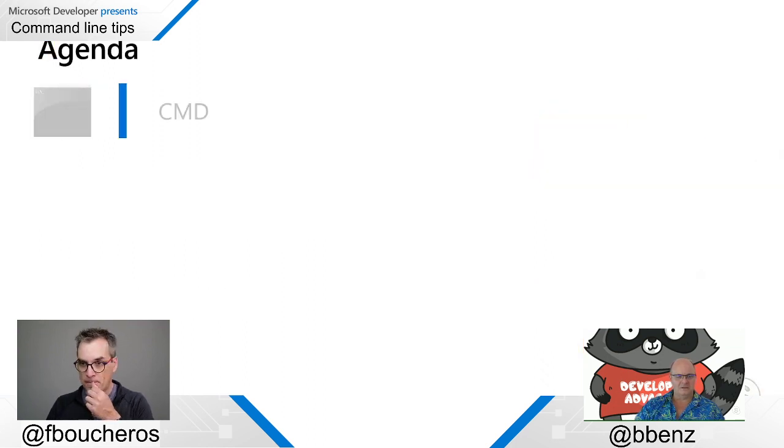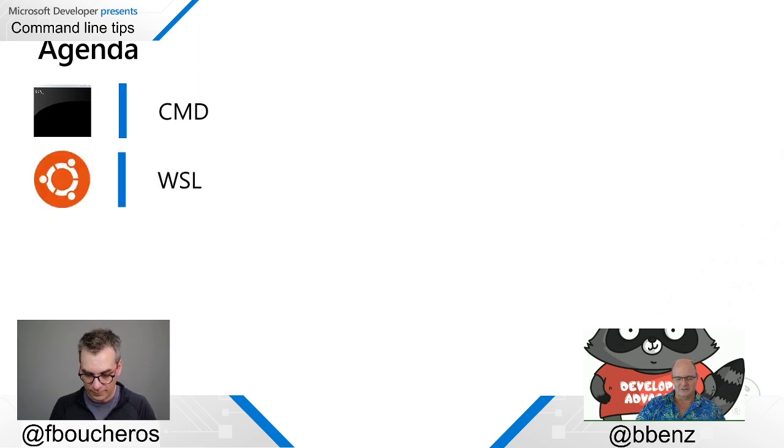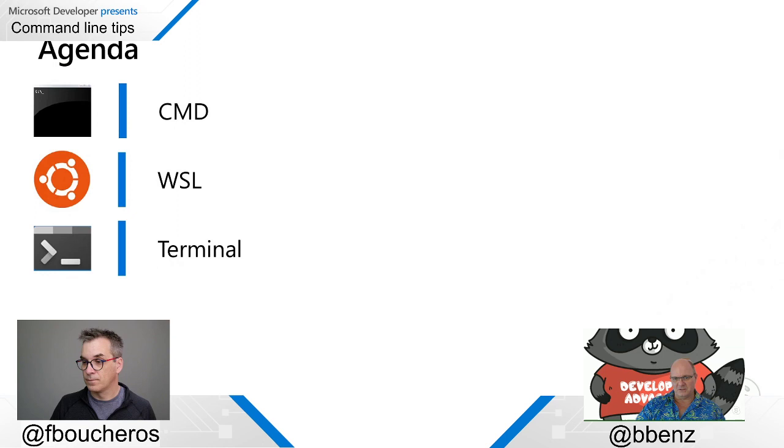Today I'm going to cover the command line, which Windows users are very familiar with. I'm going to cover something called the Windows Subsystem for Linux as well. If you're not familiar with that, I'll explain it. And then the relatively new Microsoft Terminal, I'm going to show you some cool new features with that.